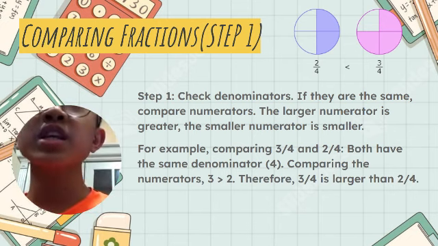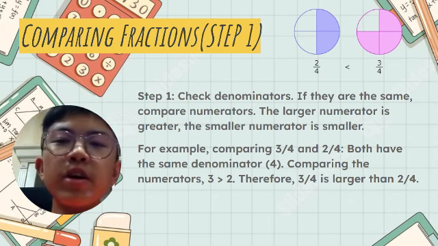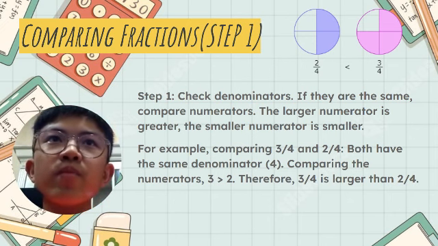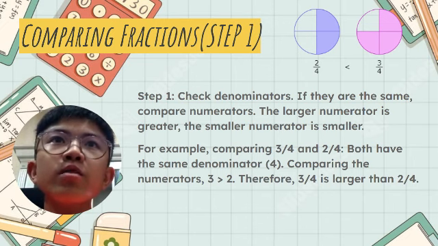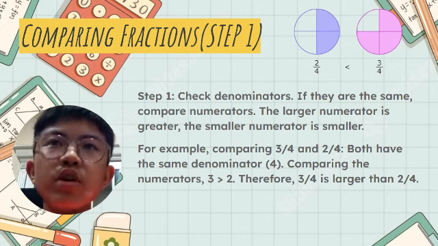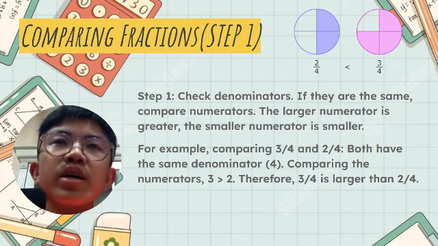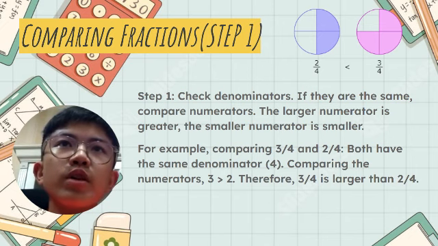Step 1, we start by checking the denominators. If the denominators are the same, we can compare the numerators directly. The fraction with the larger numerator is greater, and the fraction with the smaller numerator is smaller. For example, let's compare 3 over 4 and 2 over 4.